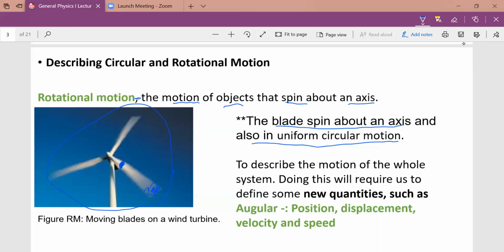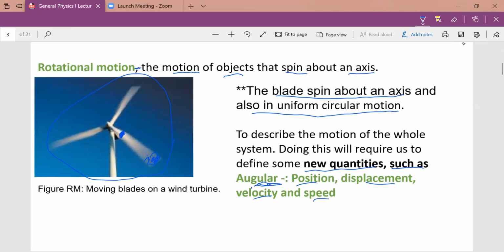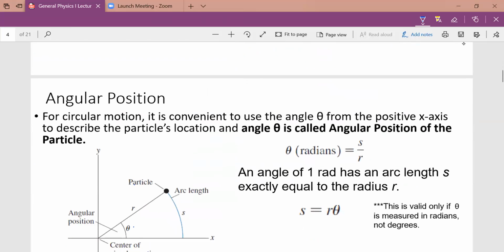This description made us advance further into classifying this kind of motion with new quantities that we'll be defining, because there's no way we can understand the dynamics of this motion without defining these new terminologies, such as angular position, angular displacement, angular velocity, and angular speed. We'll look at each one of them and how we apply them to solving problems.